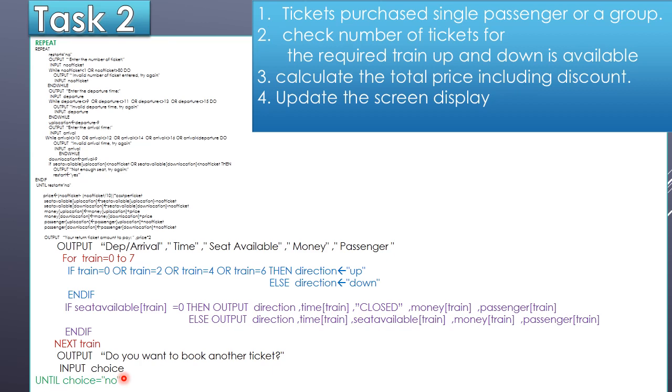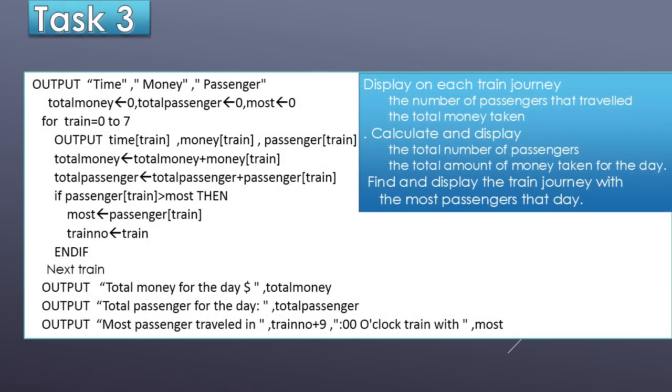So at the end of the day, we want to show the time, which is going to point to which train it is. So then the train time is the 9 o'clock train, how much money is earned, and how many passengers traveled in it.